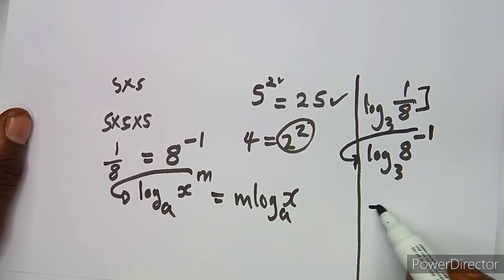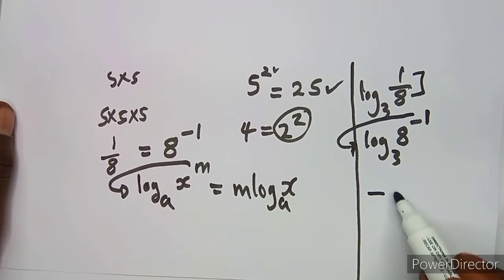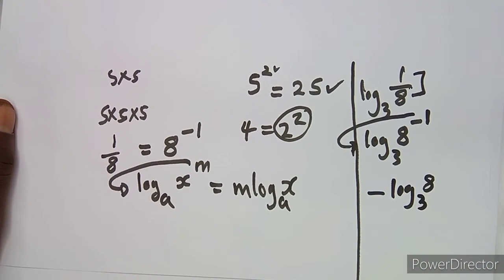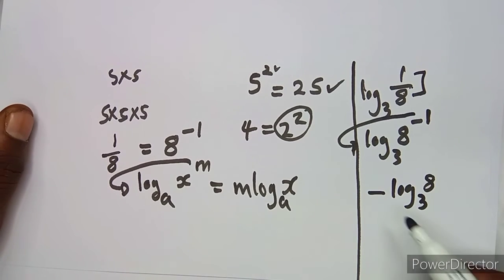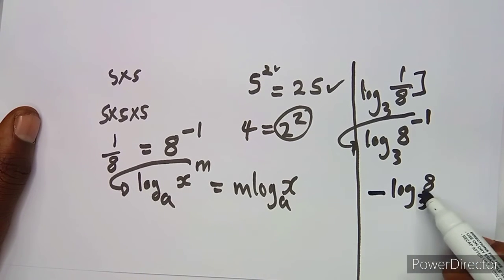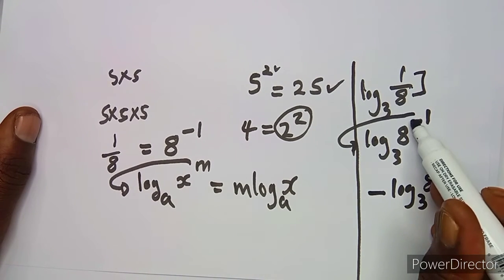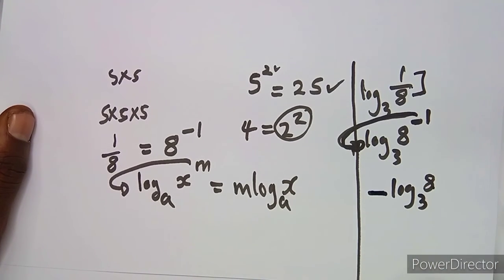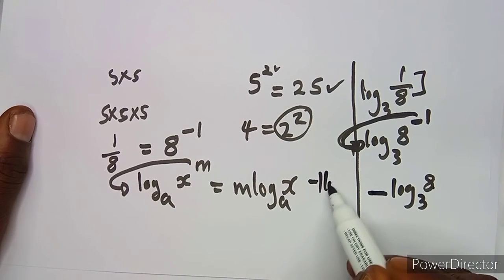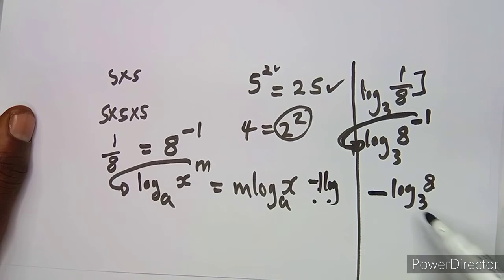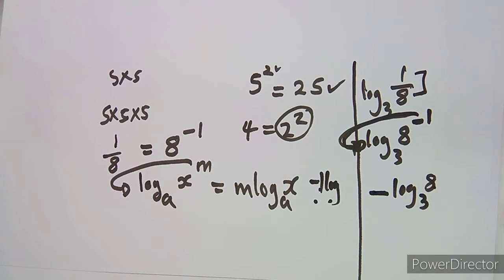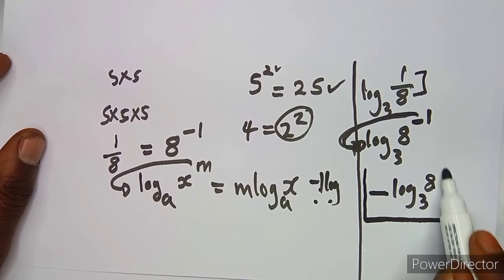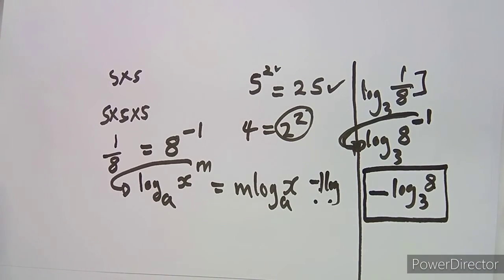It's going to be minus 1, which is just a minus, log 8 base 3. Take note, guys, minus 1 is the same as just writing a minus like that.